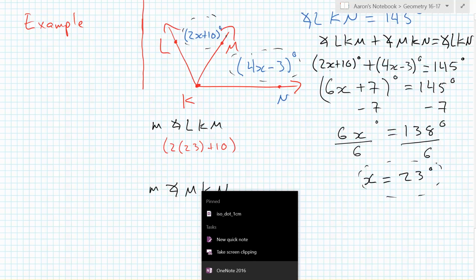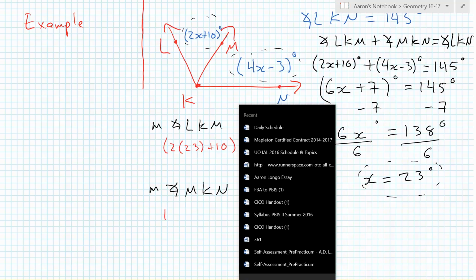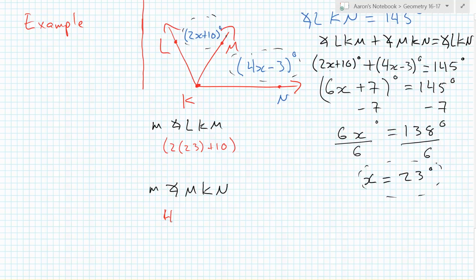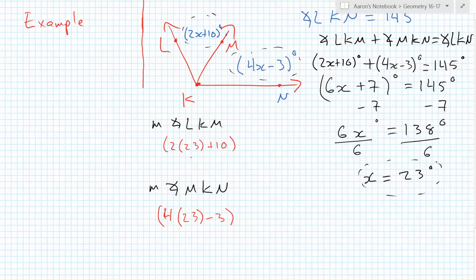We've got 4 times 23 minus 3. 2 times 23 is 46 plus 10, 56 degrees. 4 times 23, well, that's just 2 shy of 4 times 25, or 100 minus 8, is going to be 92, minus 3, we're going to get 89 degrees.